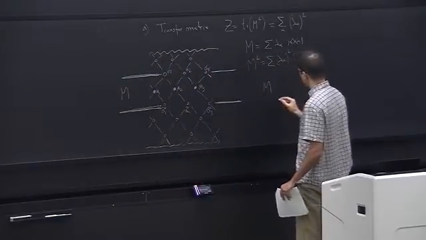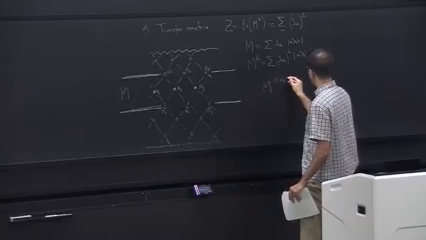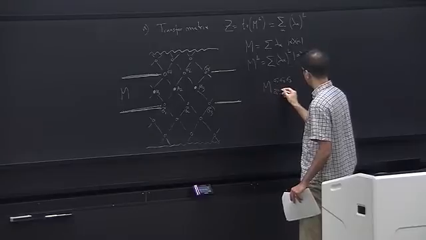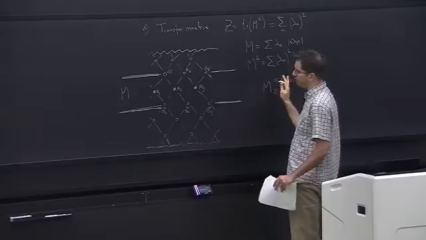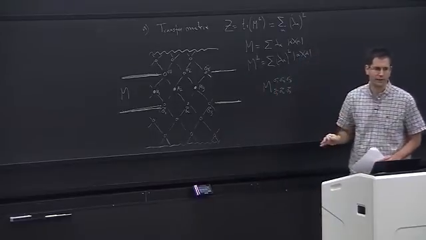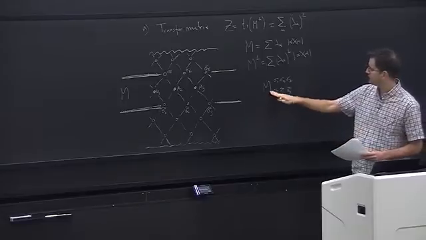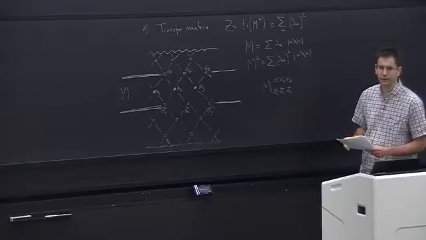M is going to be a function of sigma 1, sigma 2, sigma 3, and also sigma 1 tilde, sigma 2 tilde, sigma 3 tilde. So far, for the time being, it won't look like a matrix. We'll turn that into a matrix later on. So at the moment, it's going to be an object with 6 indices. Okay?